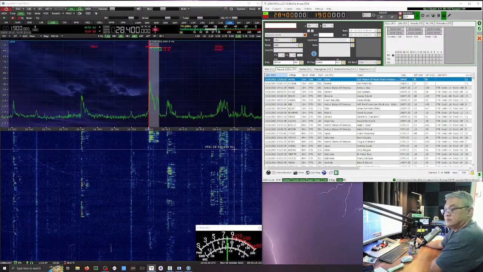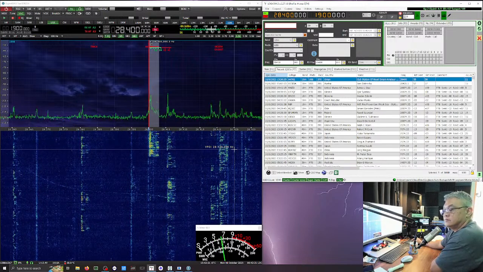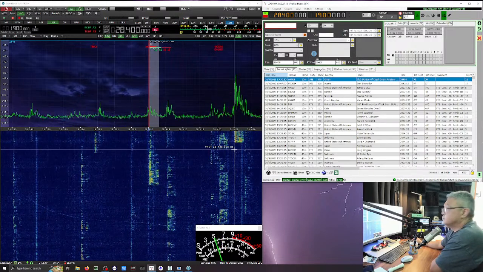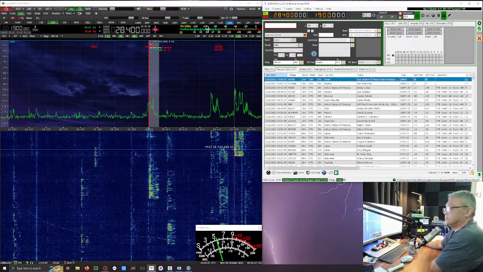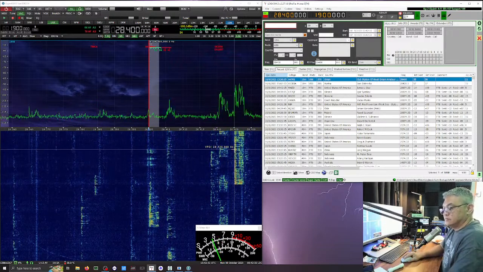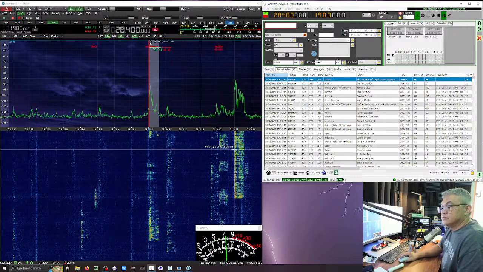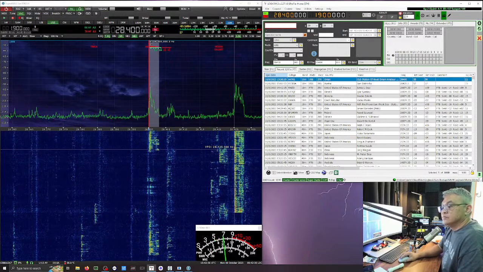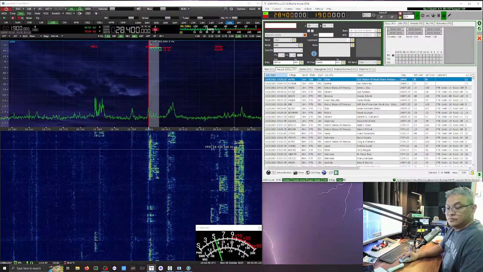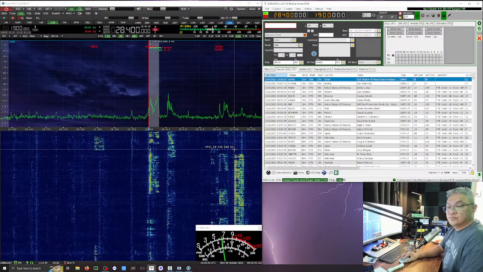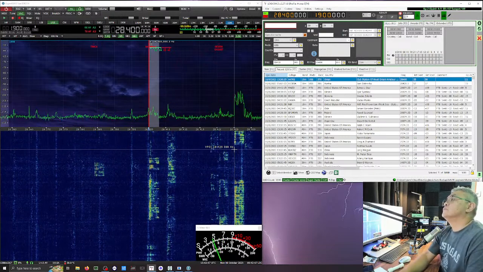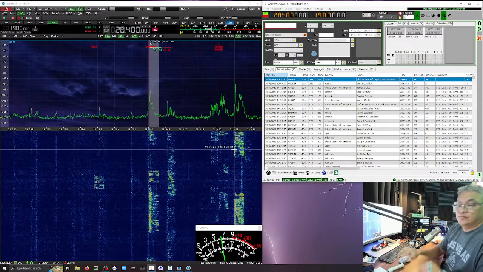Kilo Golf 2, Mike. Oscar 4, Tango Alpha, Quebec. Kilo Golf 2, Mike. November 9, Japan Radio, Alpha, Quebec. November 4, Tango Alpha, Quebec.